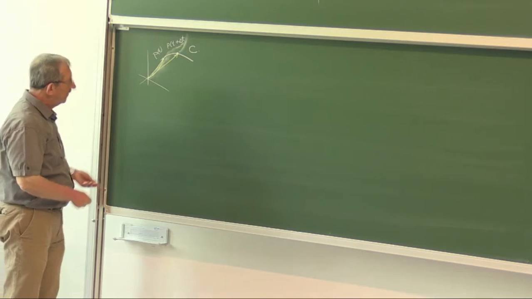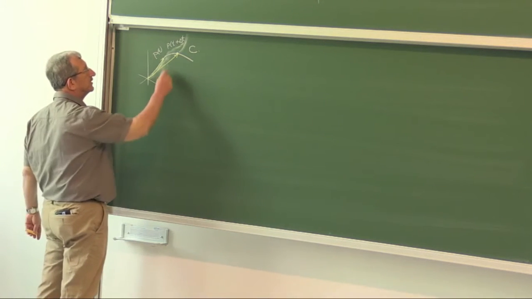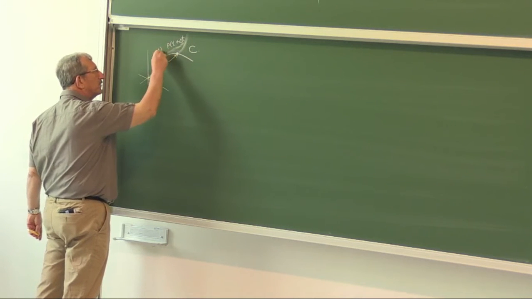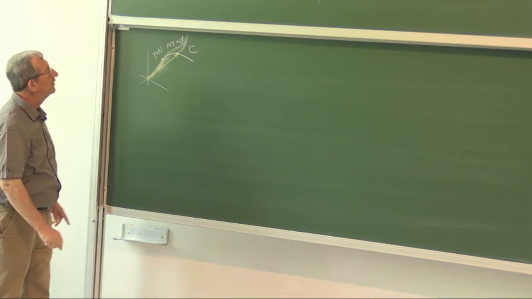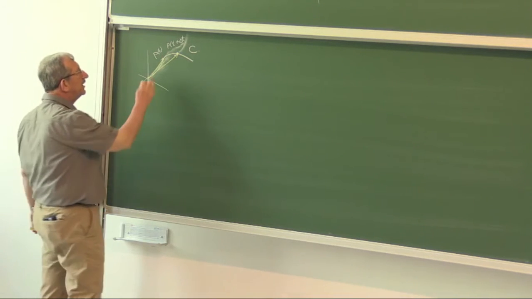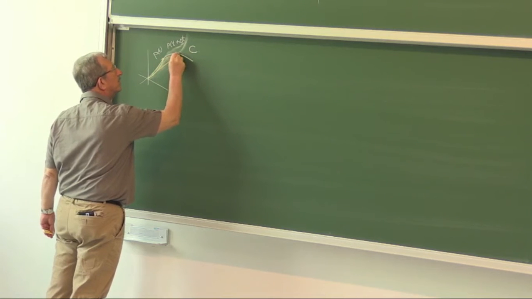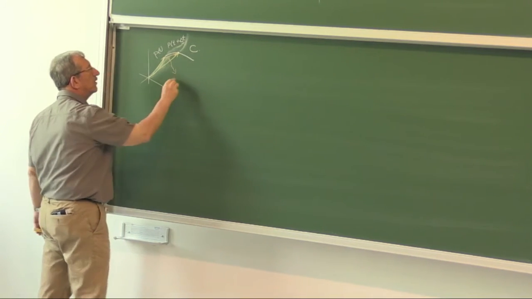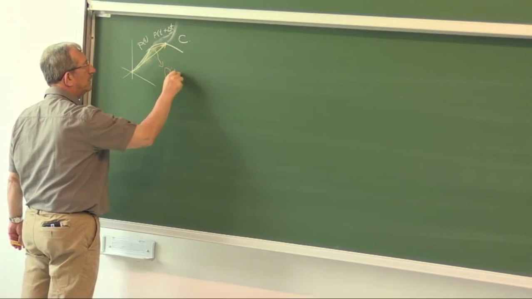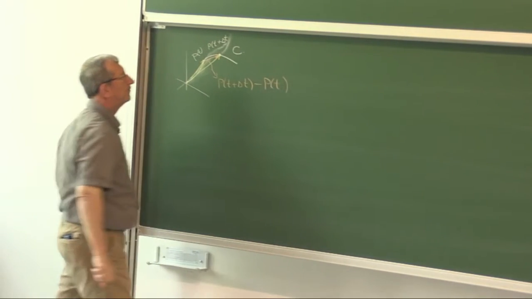Then, of course, the difference between them is the difference vector here, which is P of t plus delta t minus P of t.